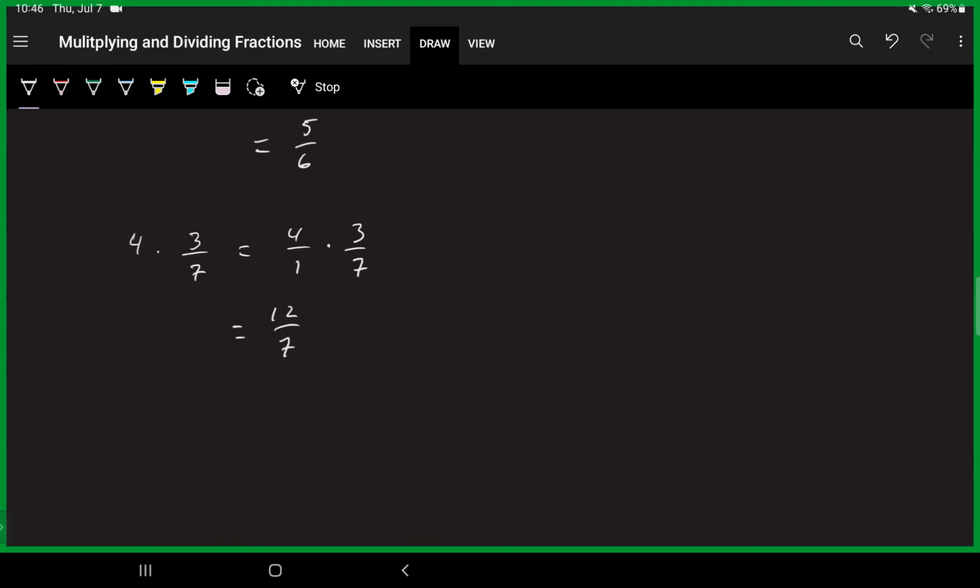Some people might be saying, well, shouldn't I make this a mixed number? And in algebra class, I will say this, that improper fractions are okay. You don't have to simplify improper fractions. You might say, shouldn't that be 1 5/7? Well, it could be.